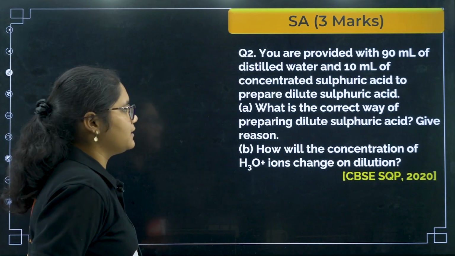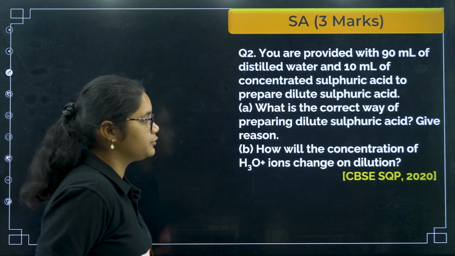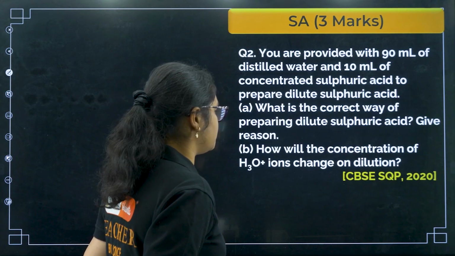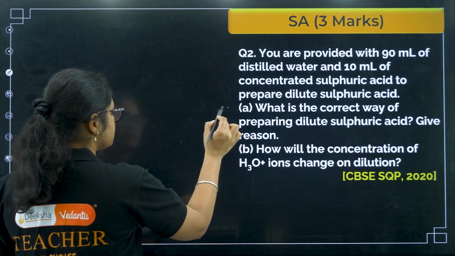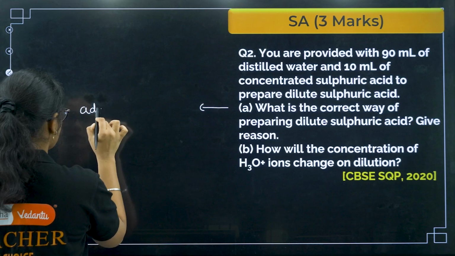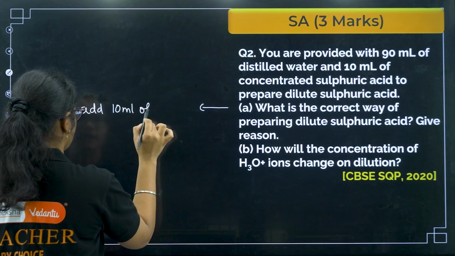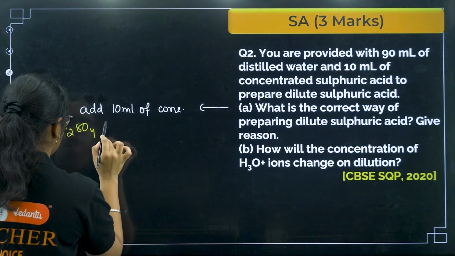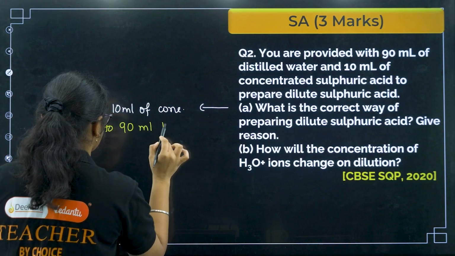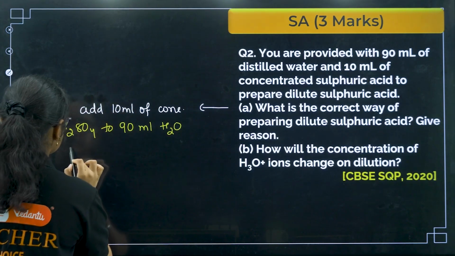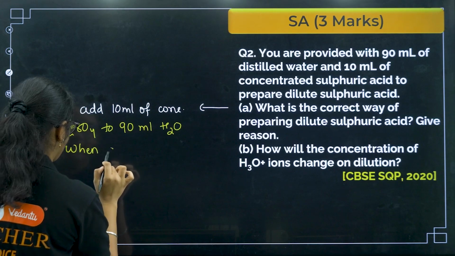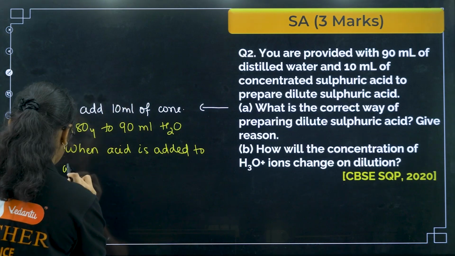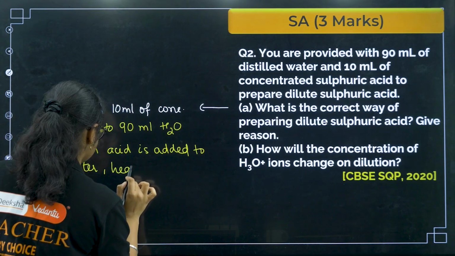Next, question number 2. You are provided with 90 ml of distilled water and 10 ml of concentrated sulfuric acid to prepare dilute sulfuric acid. Means you need to dilute the sulfuric acid. What is the correct way of preparing the dilute sulfuric acid? Give reason. The correct way is to add 10 ml of concentrated sulfuric acid to 90 ml of water. The reason is that when acid is added to water, heat is released.